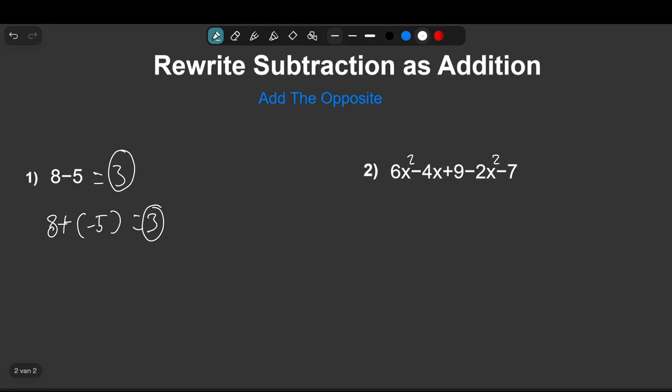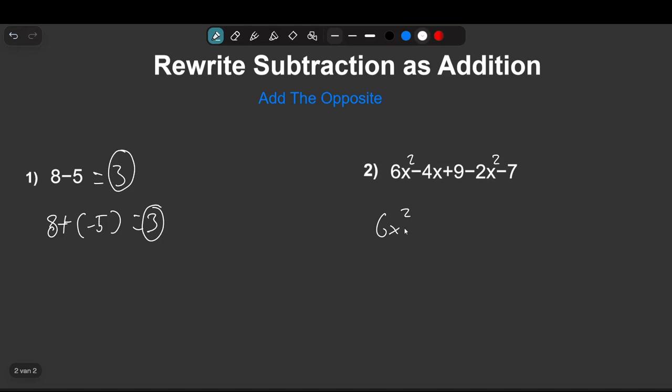The first thing we're going to do is look at the subtraction signs. We have 1, 2, and 3. This means we have to make the change 3 times. So let's start by doing it. We're going to rewrite this whole expression. We have 6x squared, and then we have minus 4x.